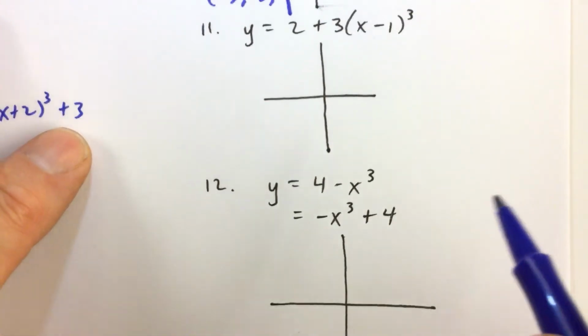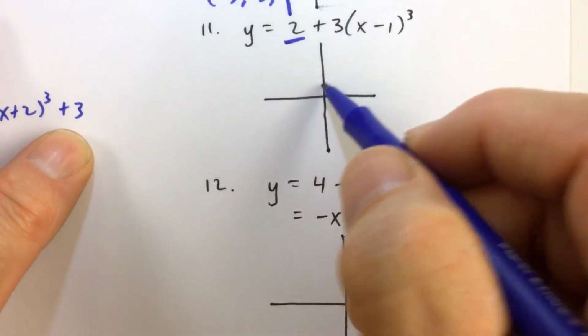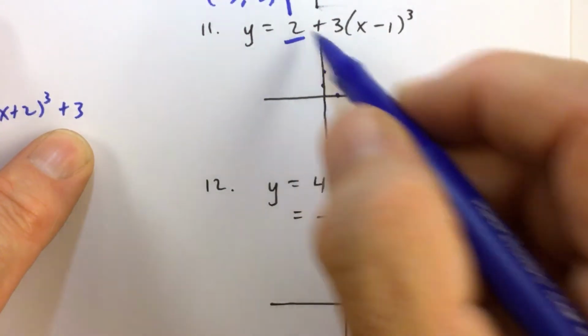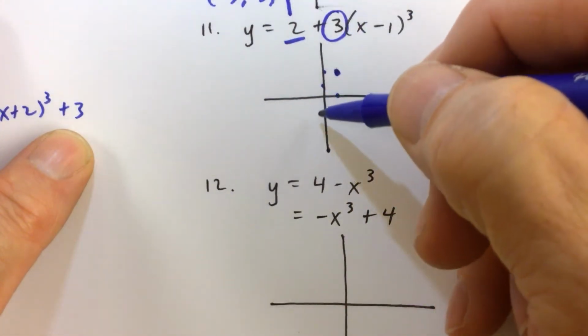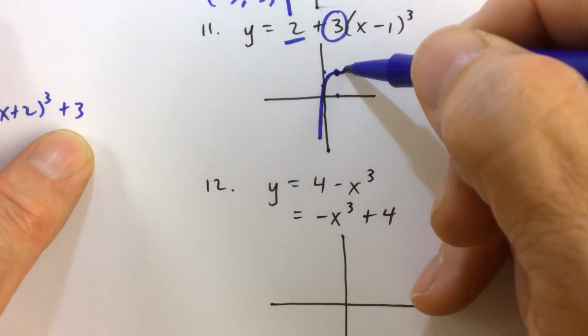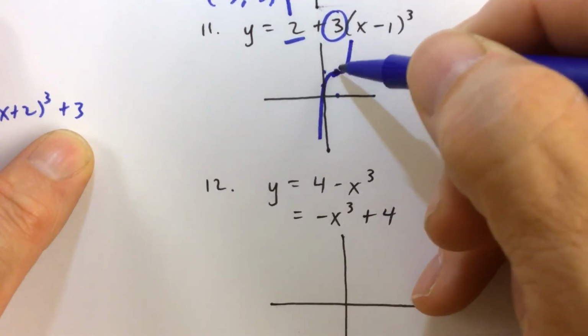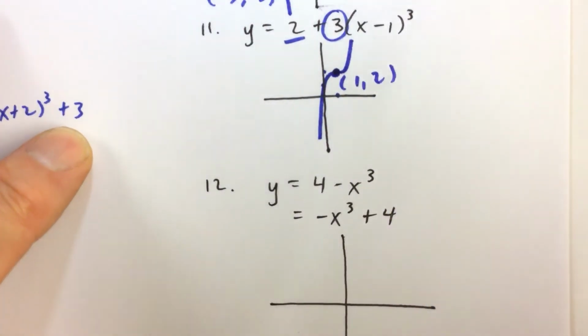Number 11, we have 1 to the right, and then 2 up. K is 2, 1 to the right, 2 up, and since a is positive 3, we're going to be increasing from left to right, but also steeply, because the absolute value of a is greater than 1. And so we label our inflection point at 1, 2.